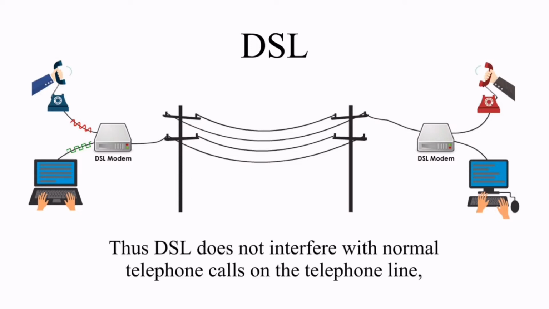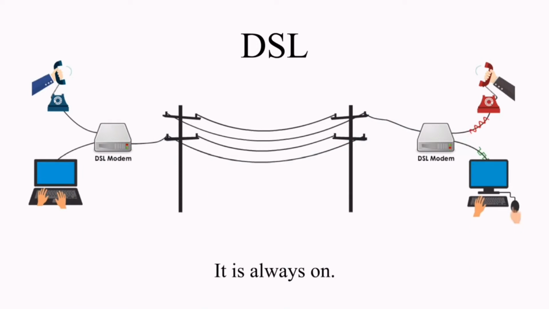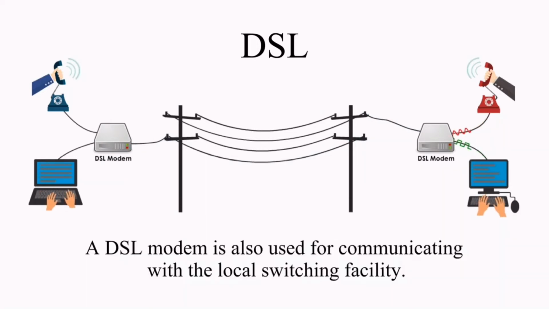Thus, DSL does not interfere with normal telephone calls on the telephone line and does not require dialing a telephone number to initiate a connection. It is always on. A DSL modem is also used for communicating with a local switching facility.